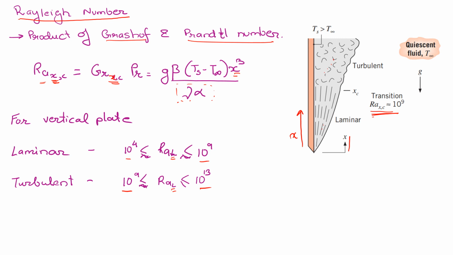So your equation for heat transfer coefficients will be different for laminar, for turbulent, for a vertical plate, for a horizontal plate, for internal flow, and for external flow. So that's why it's important that you know what these numbers are.